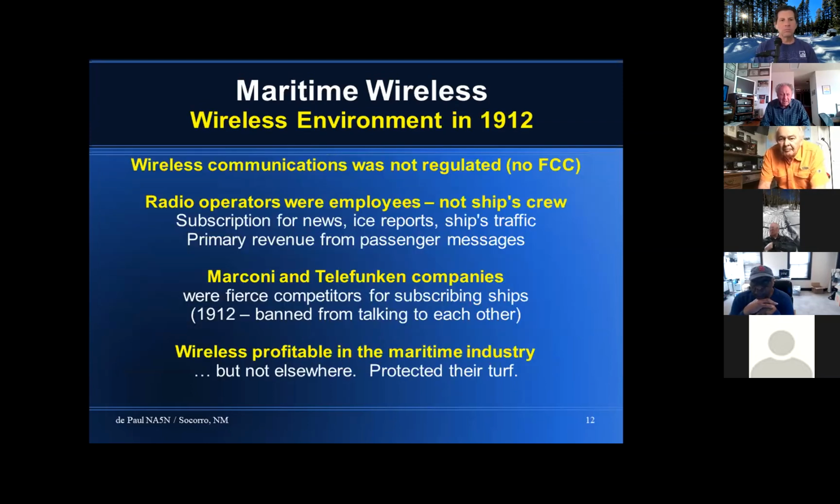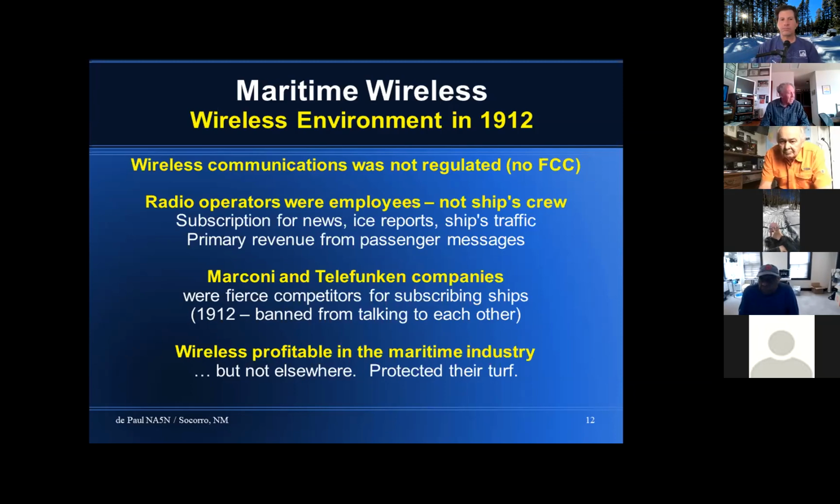Okay, what were things like in 1912? We already mentioned that the radio operators were employees. Wireless communication was not regulated. It was the Wild West. Whoever had the loudest signal or the most distinctive or the worst signal, they got through. There was no FCC. Everything, as far as the commercial was concerned, was by subscription.